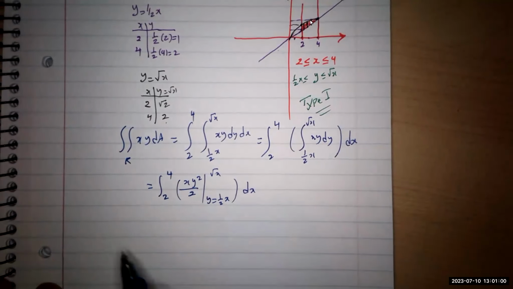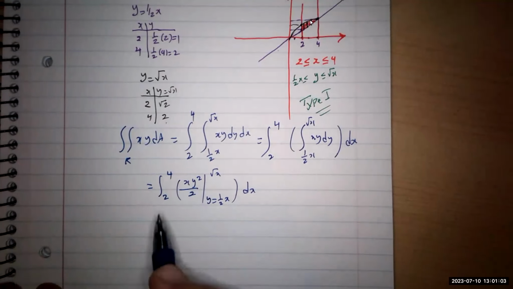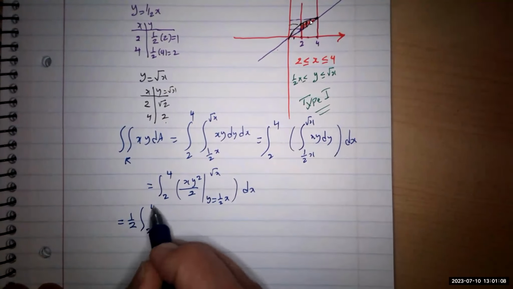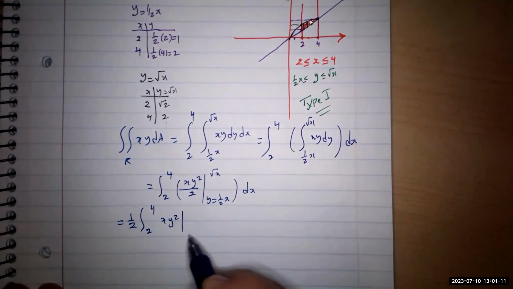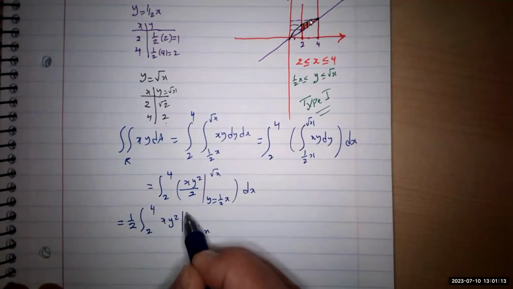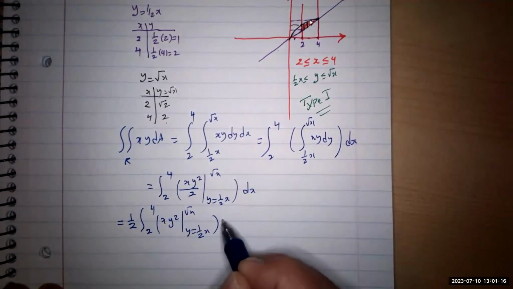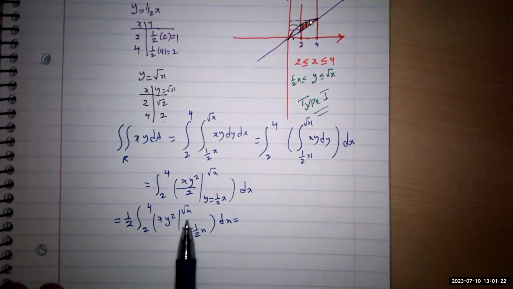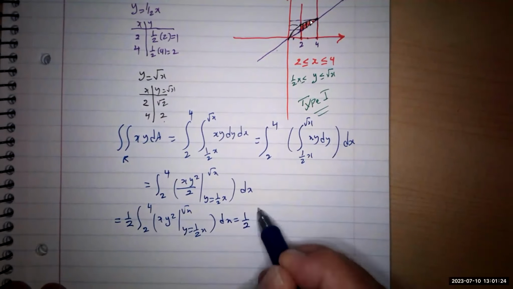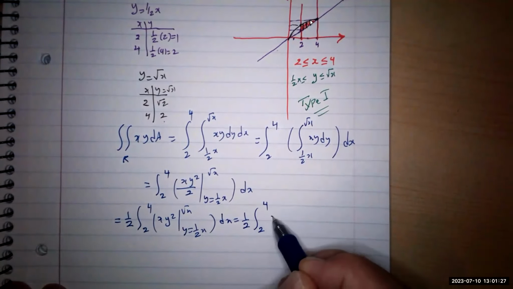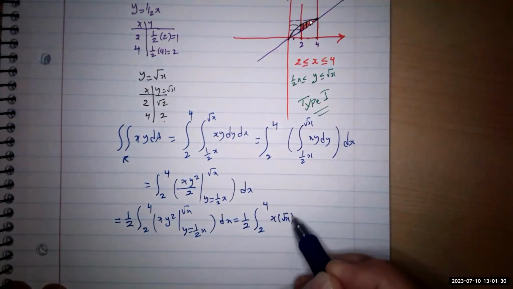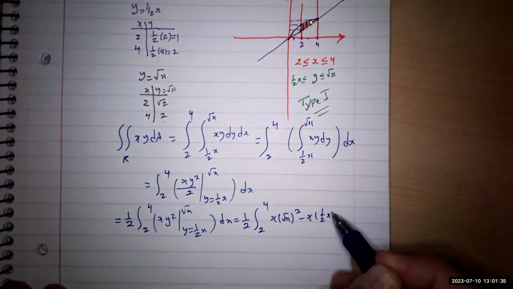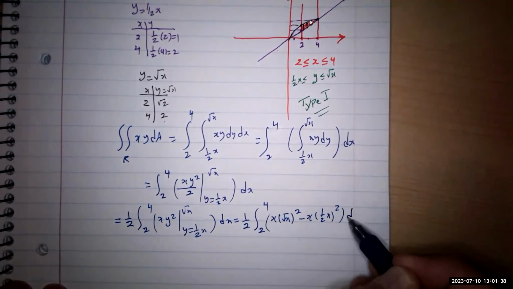So we continue substituting. The 1/2 you can pull out, so it's going to be 1/2 integral from 2 to 4 of x times y squared, and you can do all of them at the same time: radical x and 1/2 x, and the dx. Substitute for y, so we get 1/2 integral from 2 to 4 of x times radical x squared, minus x times 1/2 x squared, then the dx.